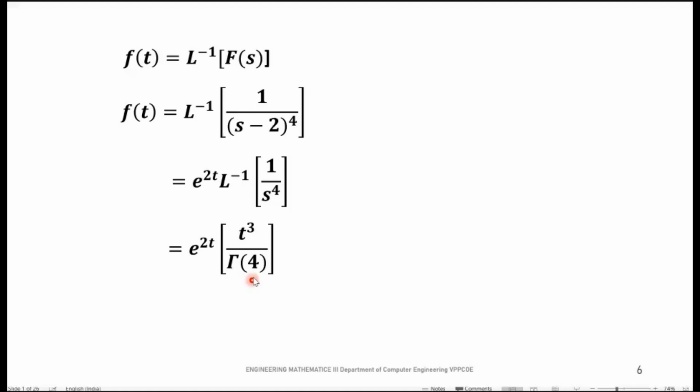Now what is gamma 4? Gamma 4, by using the reduction formula, is equal to 3 factorial, and 3 factorial is equal to 6. So I will write e raised to 2t into t cube by 6.